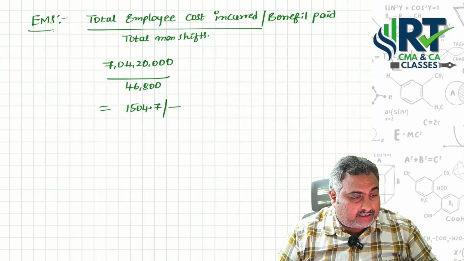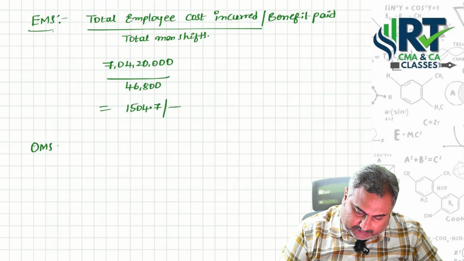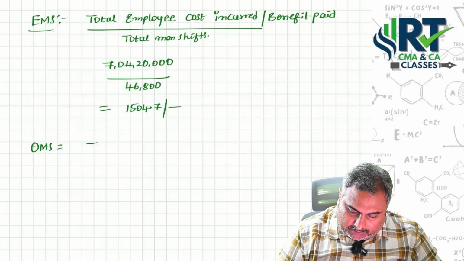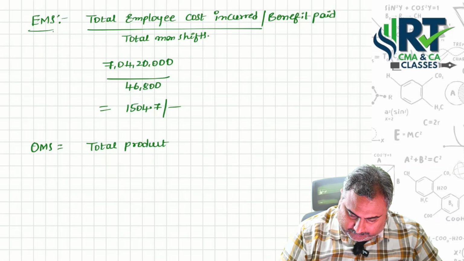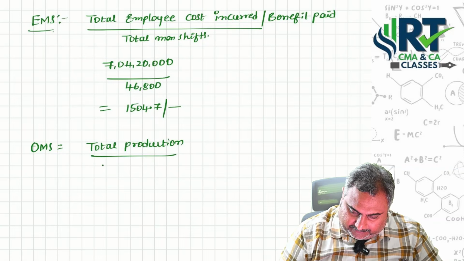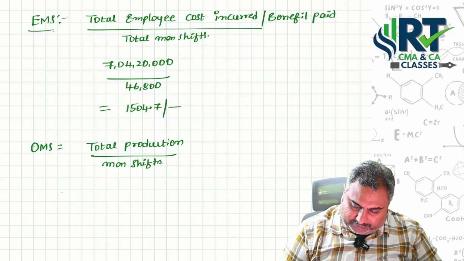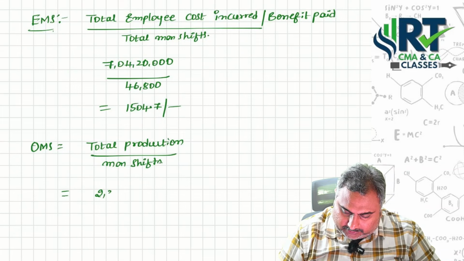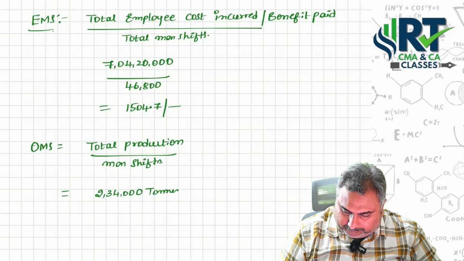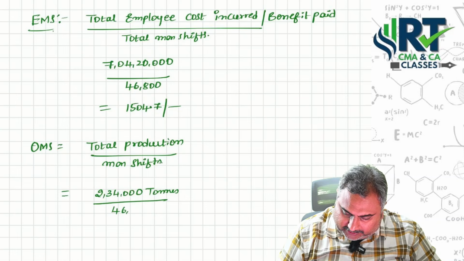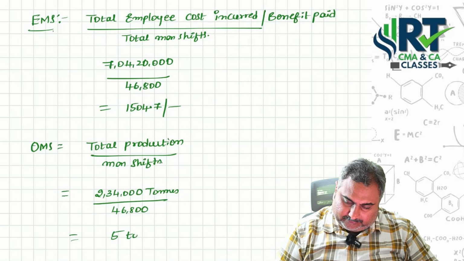And the second one, what they are asking, output per man shift, OMS. What is the formula? Total production divided by man shifts. What is the total production already given in the question? 2,34,000 tons divided by 46,800, that is equal to 5 tons.